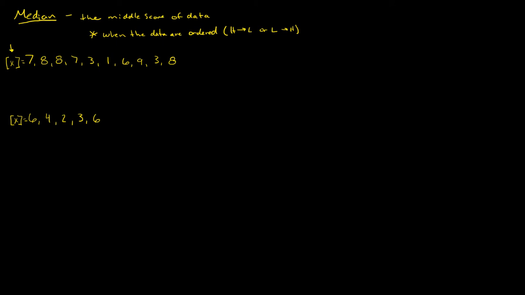Now I'll go highest to lowest here and reorder these, in red. From high to low, this data set would become: 9 is our highest, and then we've got 1, 2, 3 eights.